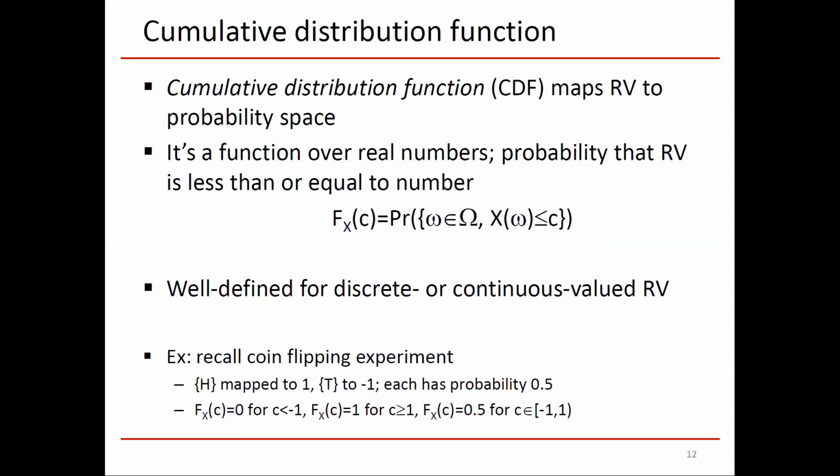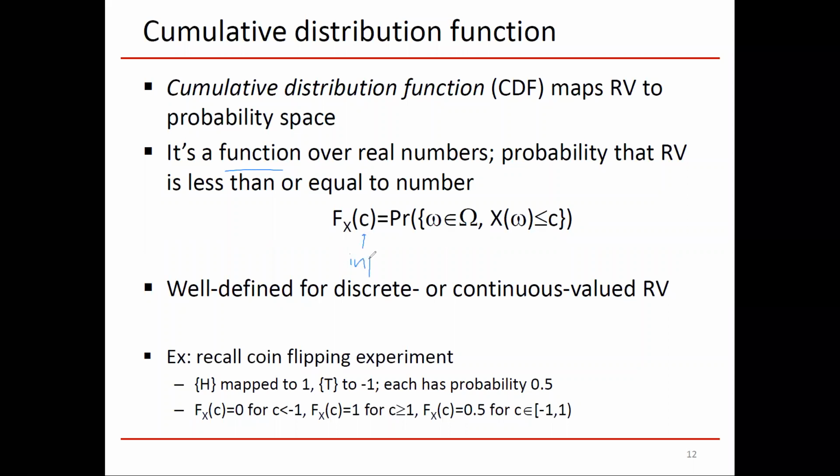The next definition is a cumulative distribution function, which is often abbreviated as CDF. It maps a random variable, or RV, to a probability. The CDF is a function over real numbers, and it's the probability that the random variable is less than or equal to a number. Again, it's a function, and the input of that function is a number, which in this case is the number C, a real valued number.